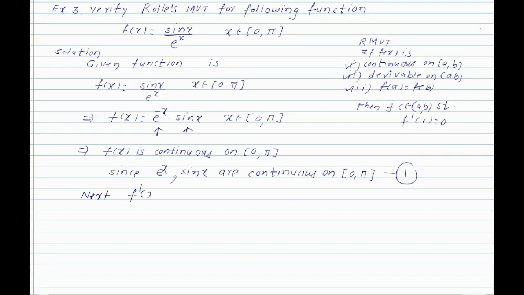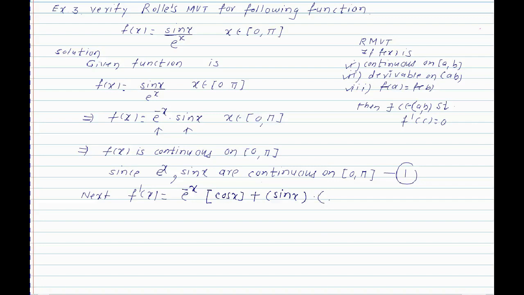So f dash x is, first function e to the power minus x into derivative of second function. So the derivative of sin x is cos x, plus second function sin x into derivative of first function.